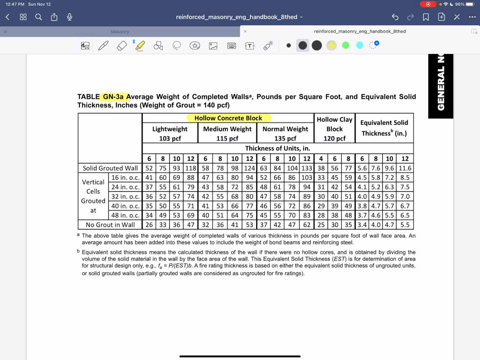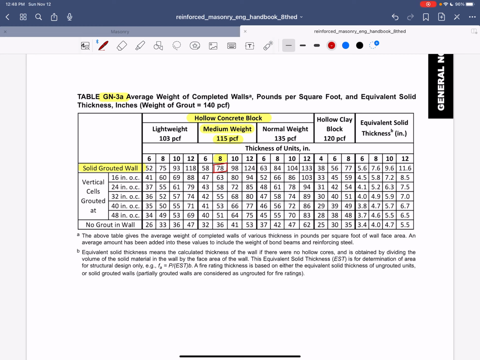It's not clay, so a CMU type block. I've got medium weight. That's one of the things we specified. So the block part weighs 115 pounds per cubic foot. It's an 8-inch nominal block, solid grouted wall. All those things were given in the problem. So the actual one I'm going to use is this here, 78 pounds per square foot.